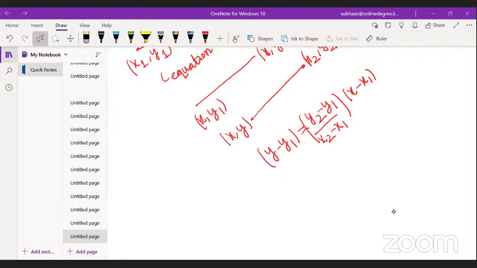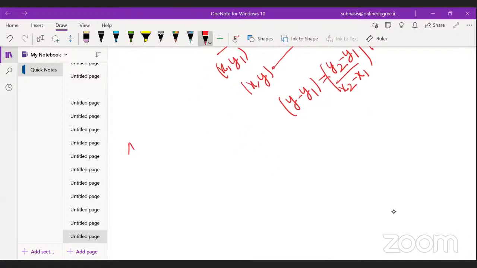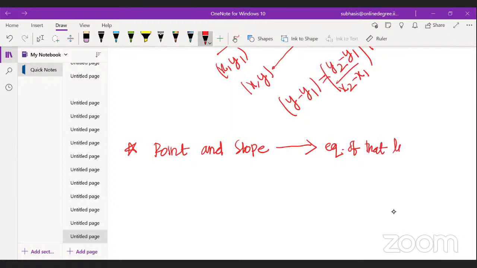No, basically, see, if you have a point and the slope of that line, then you can get the equation of that line. And second, if you have two points of that line, then also you can get the equation of that line.